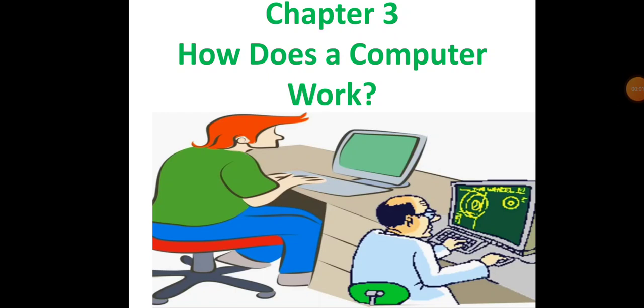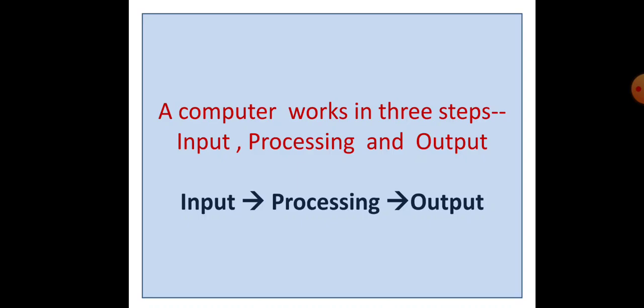Good morning, students. Today we are doing chapter 3. How does a computer work? And you have already learned a computer works in how many steps? 3 steps. A computer works in 3 steps.